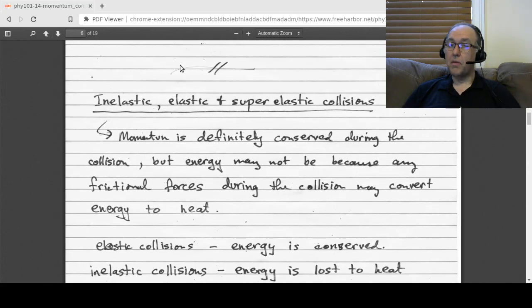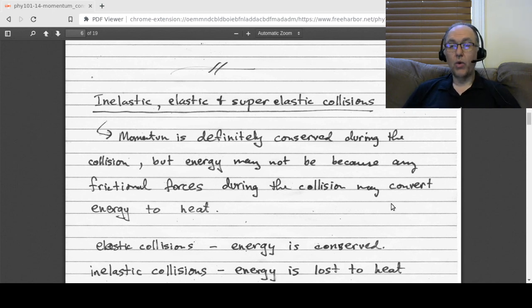Okay, so there are 3 possible collisions that can occur. These are called inelastic, elastic, and superelastic collisions. Momentum is always conserved. Okay, so momentum is conserved, but energy doesn't have to be. And again, energy isn't conserved if energy is lost due to frictional forces, or energy is added to the system because of, like I described, chemical energy producing some kind of macroscopic energy.